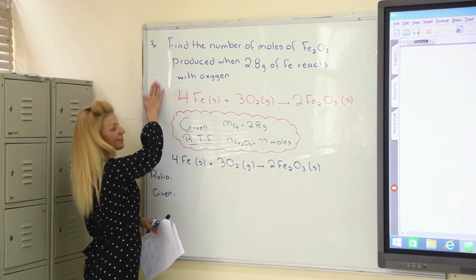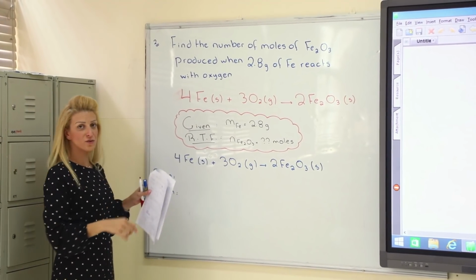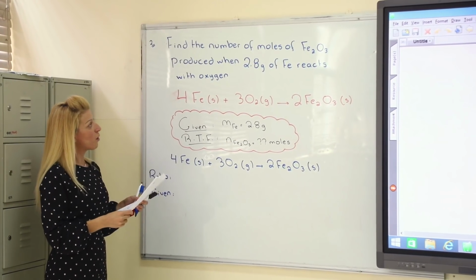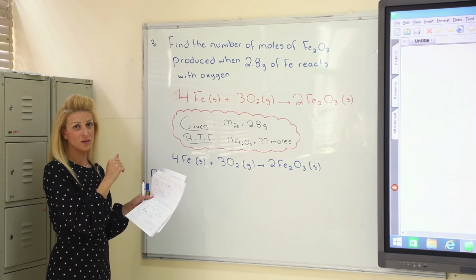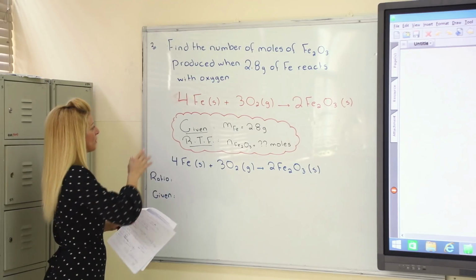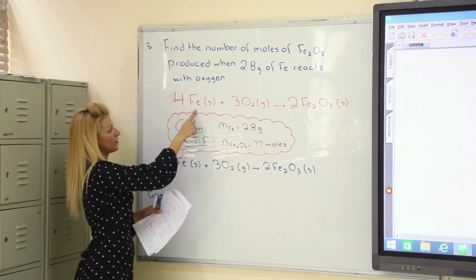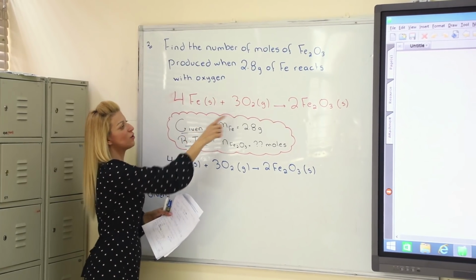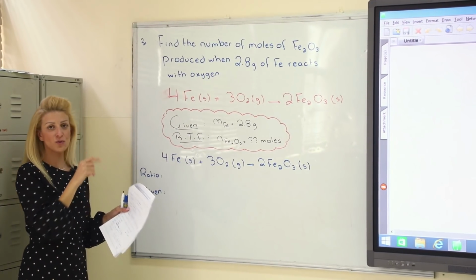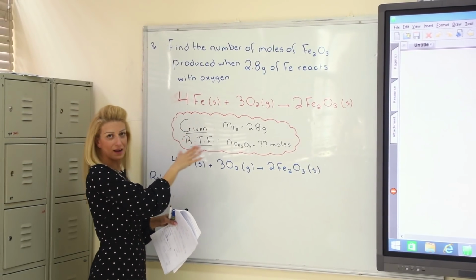Okay, the next question is to find the number of moles of Fe2O3 produced when 2.8 grams of iron reacts with oxygen. The balanced equation here is given to you: 4 Fe solid plus 3 O2 gas gives 2 Fe2O3 solid. So our equation is balanced.